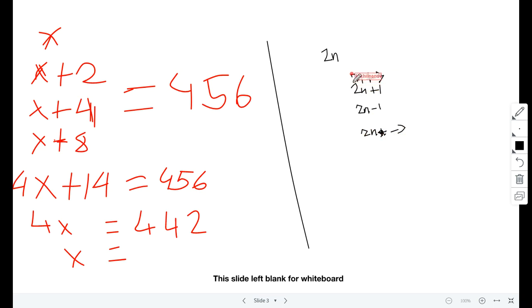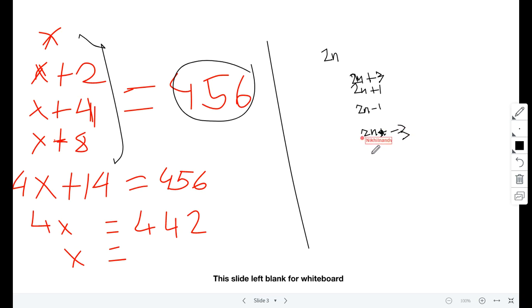Correct? Now the problem with what you took: the sum of 4 consecutive even numbers may also be 456, but it is not necessary that it was an odd number, whereas what I took is compulsorily an odd number.